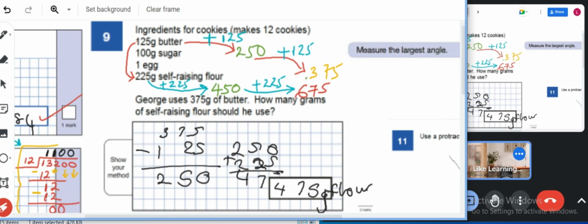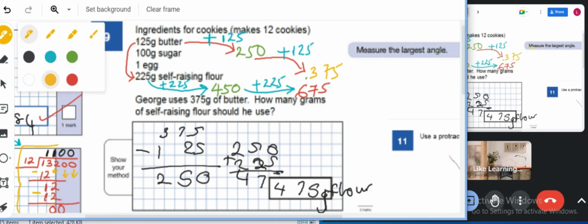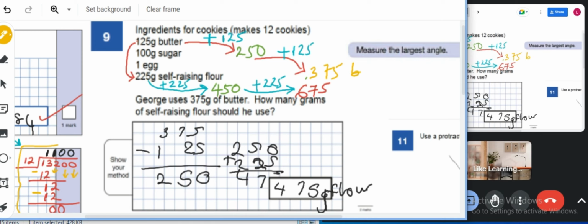And I said, try and see how many times you have to add it to itself to get to 375, which is what we have been given. So 125, add it to itself, you have 250. We added it again, we got 375. Since we added it in 3 places, we're also going to add the 225 in 3 places. The first 225 will give us 450. The second 225 gives us now 675. So all I'm saying is this is 375 for butter.